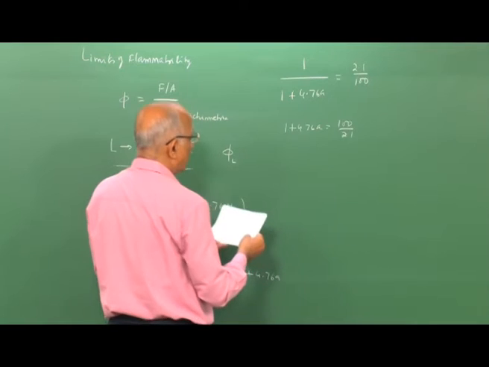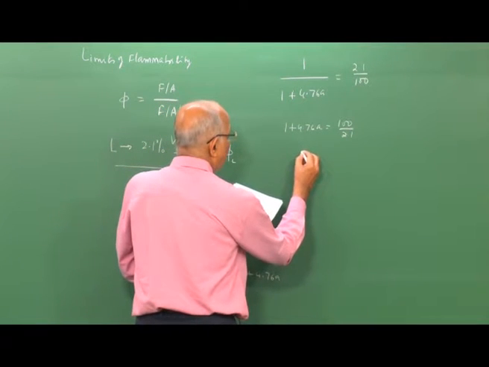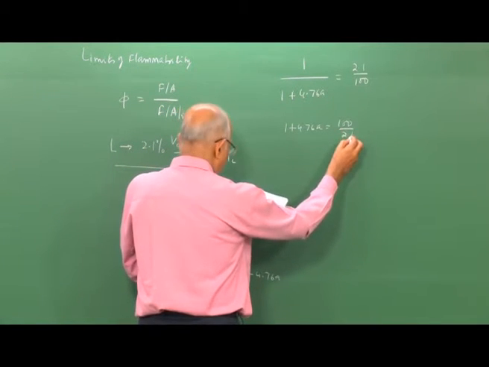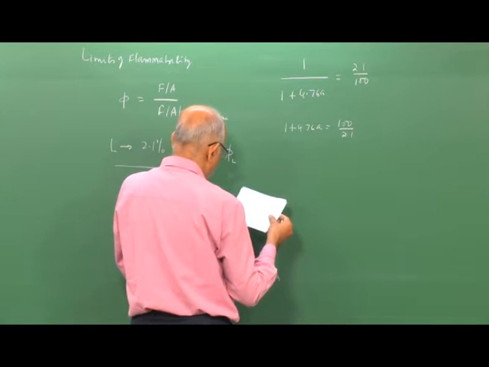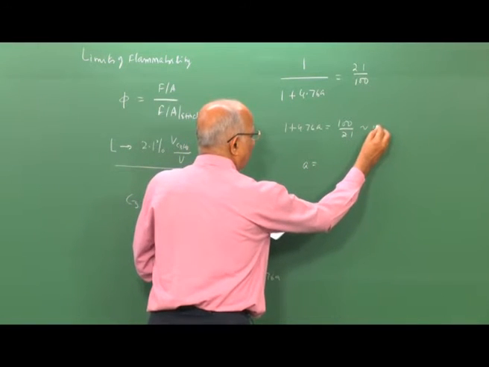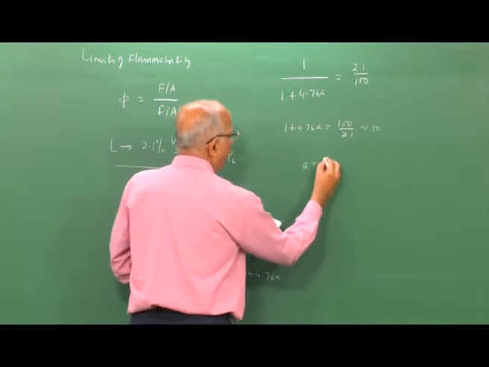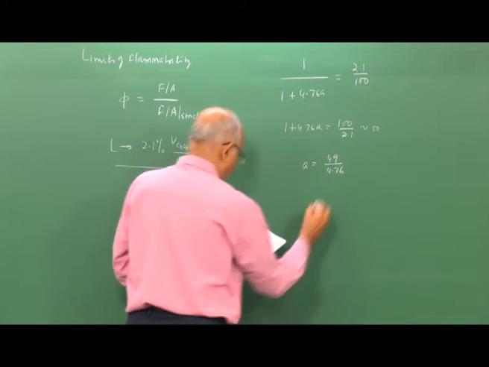If I solve for A, I get 4.76 A is equal to 100 by 2.1 minus 1, which is approximately, approximating it as 49, so A is 49 divided by 4.76.